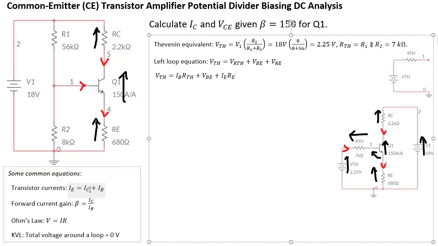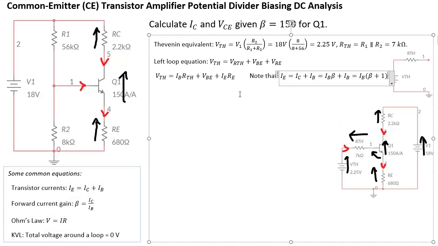Note that IE is equal to IC plus IB, which is equal to IB times beta plus IB, and if I factor it out, IB times beta plus 1. So IE is simply IB times (beta plus 1).